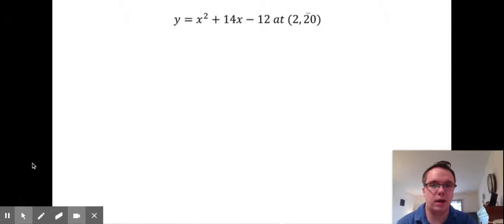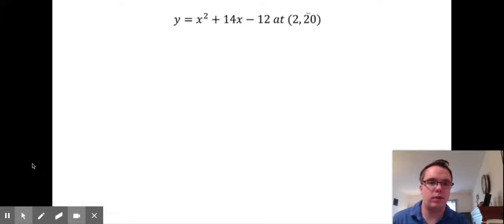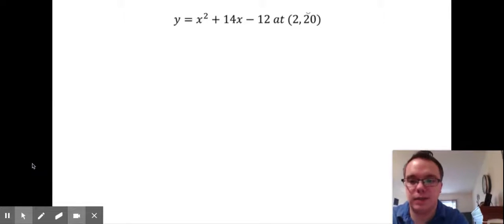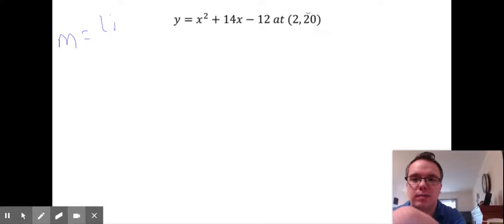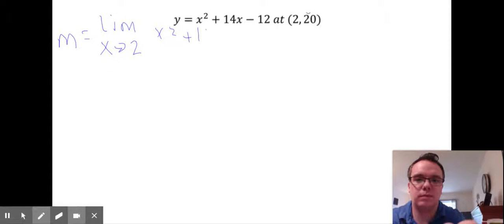So here is that example again on the slide. We're going to go through and find the equation for our tangent line. So first of all, we need to find our slope. Remember, our slope is going to be the limit as x goes to whatever our x in our point is, which is 2, of our equation minus our y over our x minus our x value.